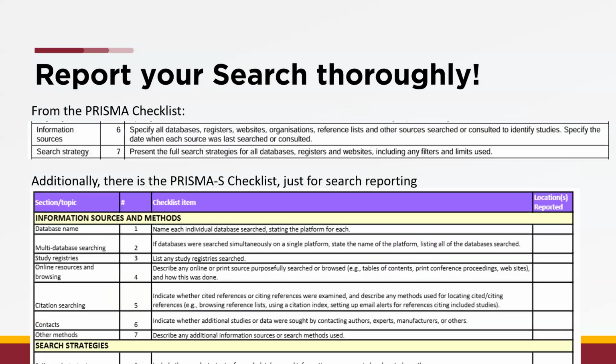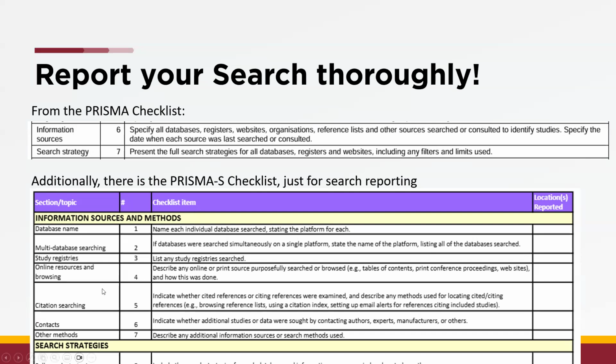Okay, and then finally, we're at the end. Reporting your search thoroughly. This is key to the whole enchilada in terms of the scientific nature of the systematic review: it's reproducible and transparent, what you did. So follow the PRISMA checklist. That's the main one for reporting everything in the review, which is important.